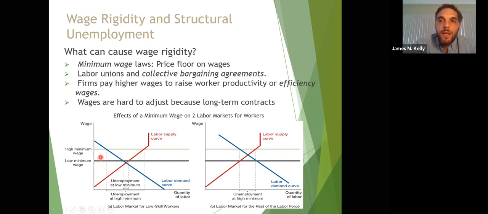So the takeaway is, yeah, minimum wage does a lot of good, and you can argue whether it's too high or too low, but the good that the minimum wage does is at a cost, and the cost is some inefficiencies in the labor market. Okay?